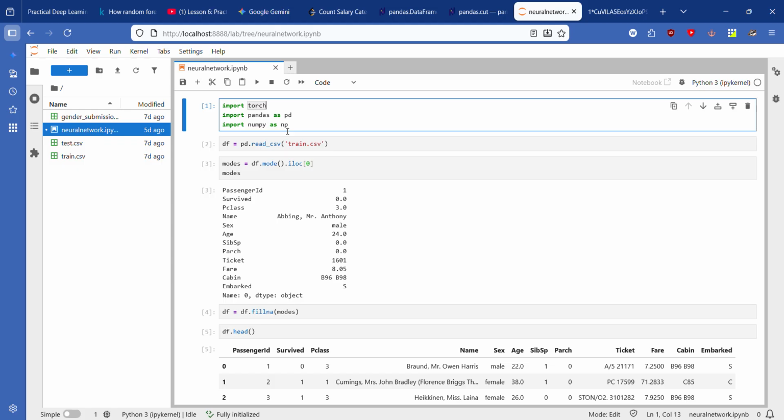It's for data manipulation, and a lot of people use it, even if they don't do AI, they might use it for data engineering or things like that.